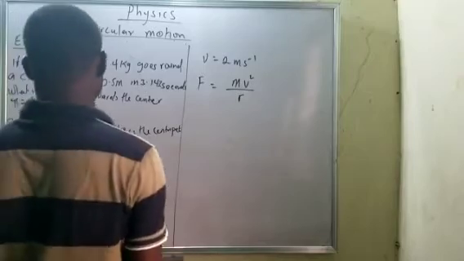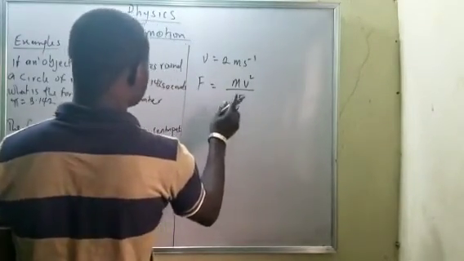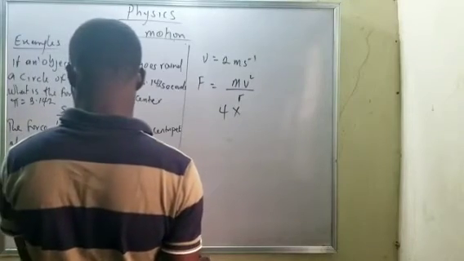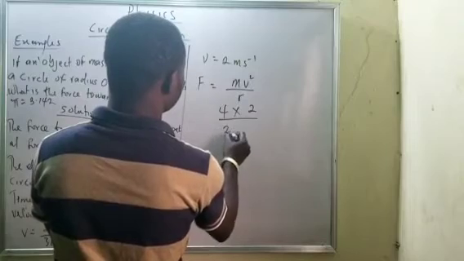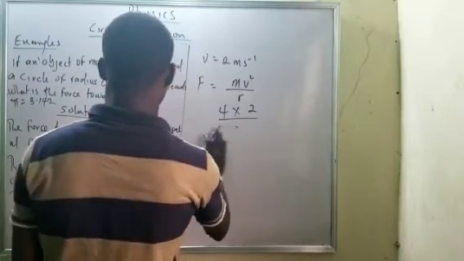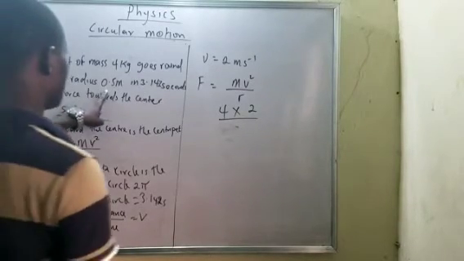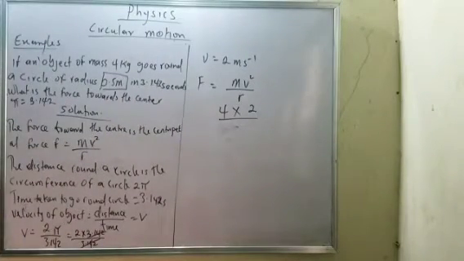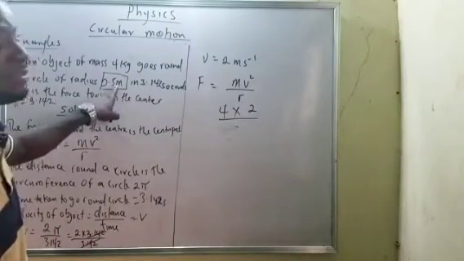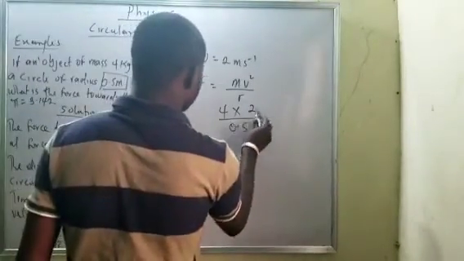My m is the mass, which is 4 kg, multiplied by my velocity, which is 2 squared, divided by my radius, which is 0.5. Please check this place. If it's in centimeters, you have to convert it.